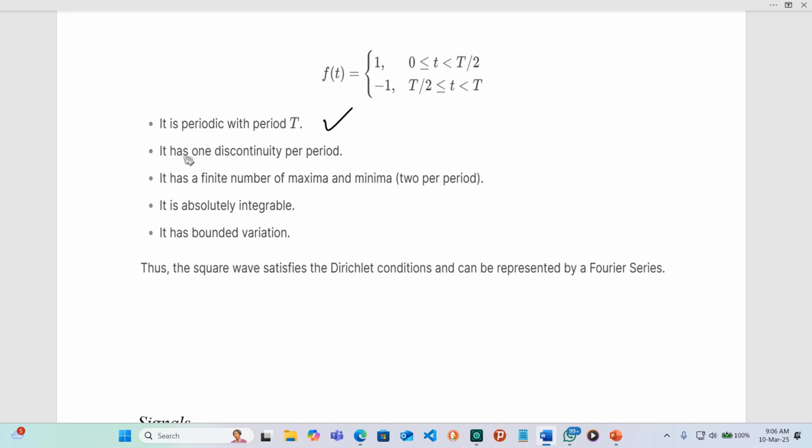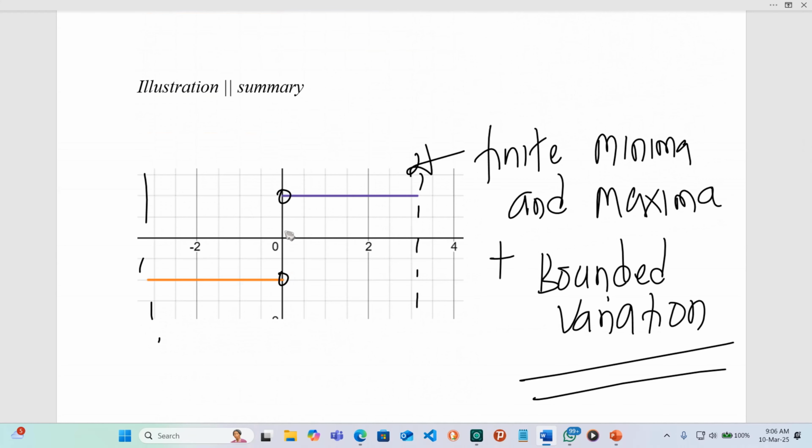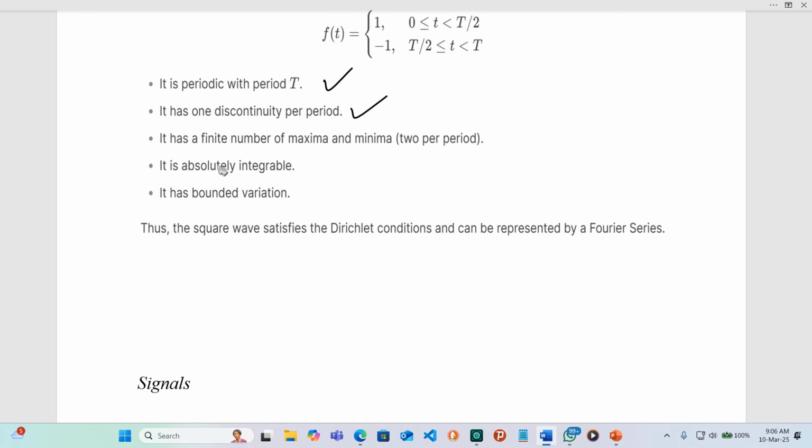It has one discontinuity per period. You can see it here, just one discontinuity per period. Then it has a finite number of maxima and minima, those are two. It is absolutely integrable. You can integrate this, for example, from 0 to T over 2 of this 1 with respect to t.